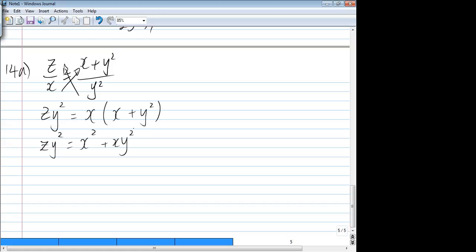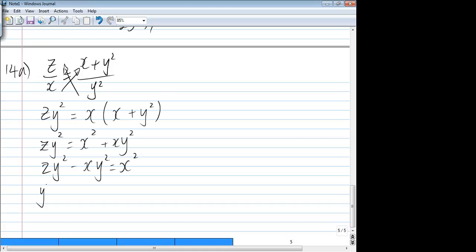Since we need to make Y the subject, I am going to group all my Y terms together. So ZY squared minus XY squared equals X squared. And I factorize out Y squared, which is the common factor.